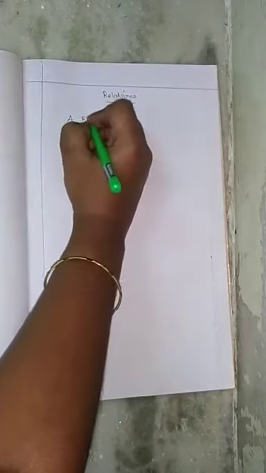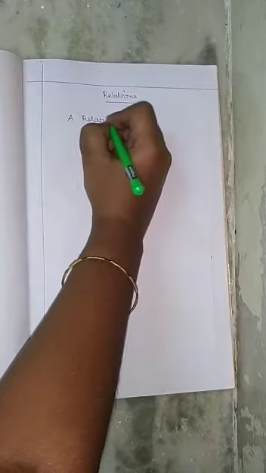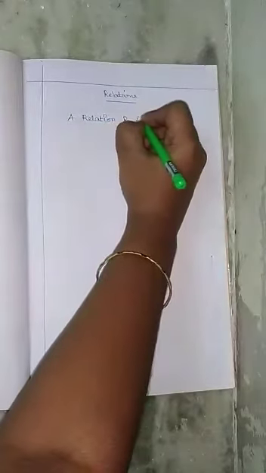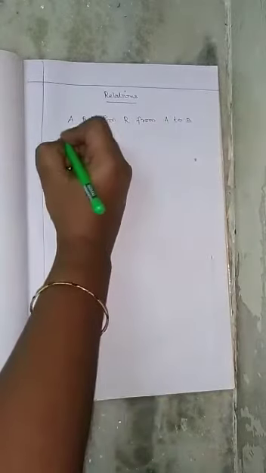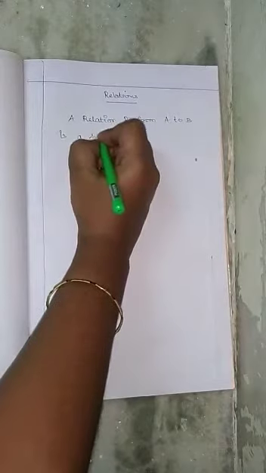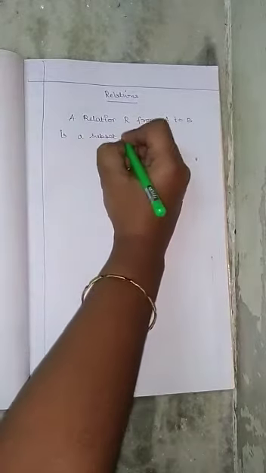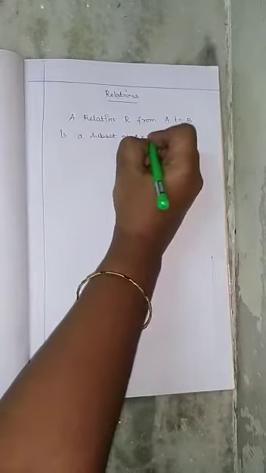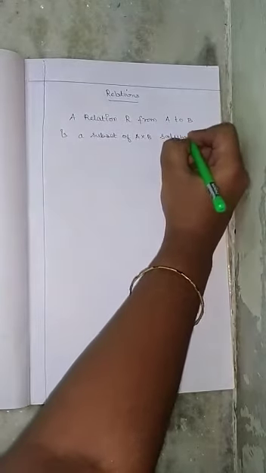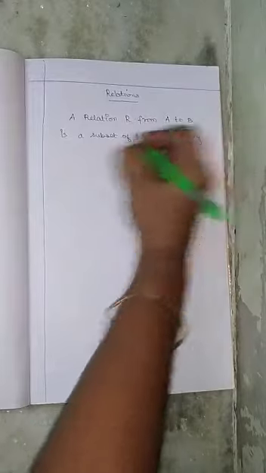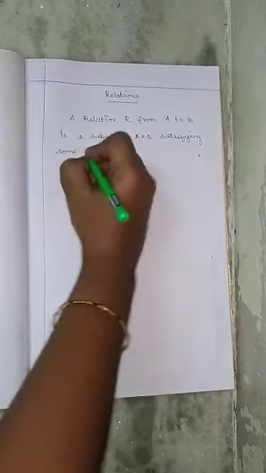What is a relation? A relation from A to B is a subset of A cross B satisfying some specified condition.